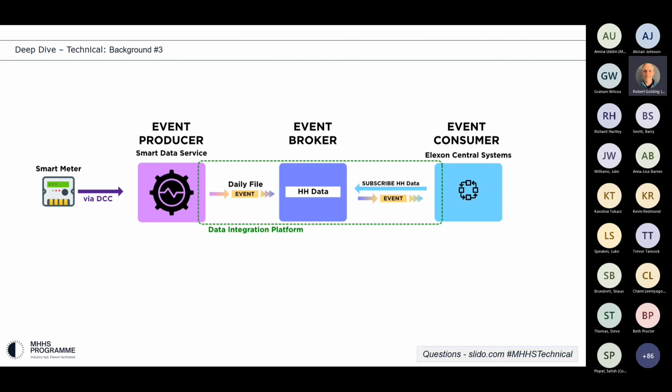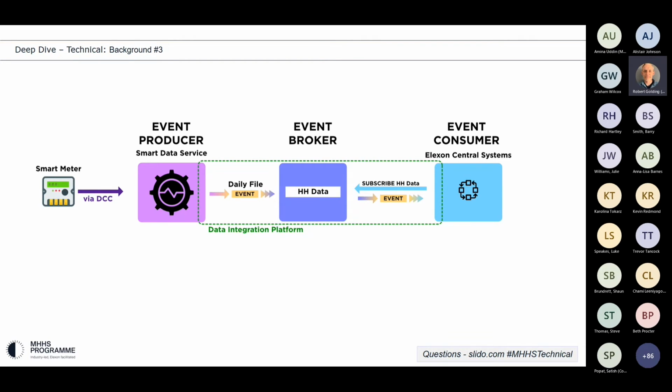One of the core use cases we're enabling on the MHHS TOM, sorry, too many H's there, is the exchange of half-hourly consumption data from smart meters to settlement. Eventually, 30 million smart meters will provide daily readings to settlement, and this is the role of the smart data service.